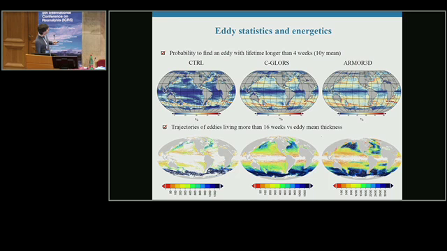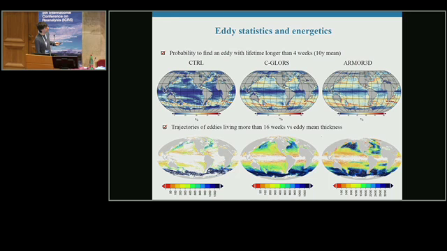In SIGLOs, all the trajectories actually pervade all the ocean basins, and the pattern of eddy mean thickness is similar to the pattern in the control run. So this doesn't change the thickness of the eddies so much. But when you compare it with Armor3D, the picture changes a lot.